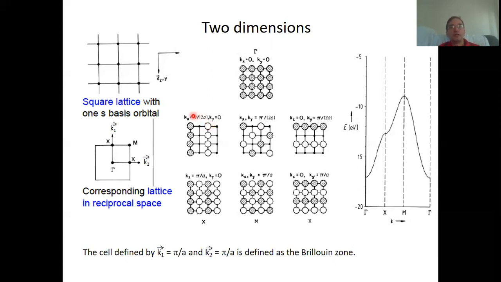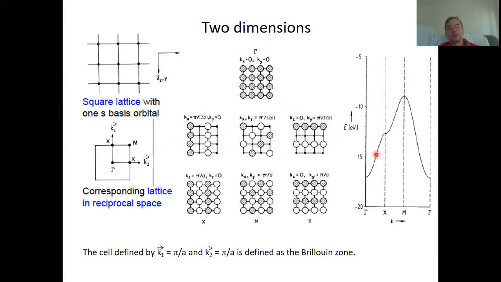There would be antibonding interactions here, but there's essentially no orbital overlap, making the situation essentially non-bonding. Whereas in the y direction, you still have bonding interactions. So you would still overall have a bonding crystal orbital, but it's not as bonding as this crystal orbital here. That would be this crystal orbital here within the band structure.